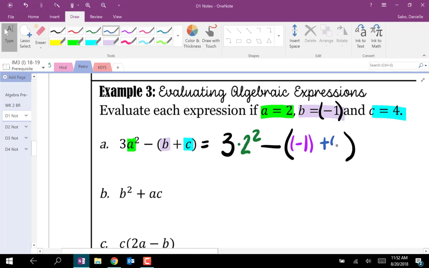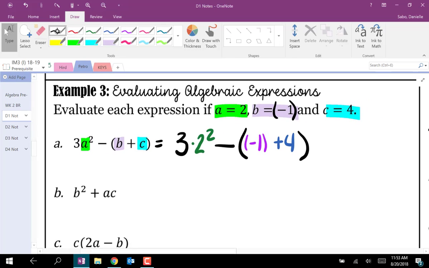Now in this situation, it would have been okay for you to not have the -1 in parentheses, but it's just nice to keep it in a habit. Okay, so I'm going to go to the parentheses first. What is -1 plus 4? 3. Really that just means 4 minus 1. I fall a lot and trip. Okay. So I have 3 times.